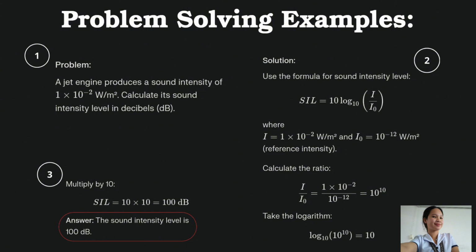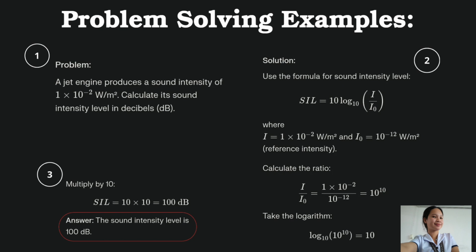I is the given intensity, which is 1 times 10 to the power of negative 2 watts per square meter. I naught is the reference intensity, always equal to 1 times 10 to the power of negative 12 watts per square meter.